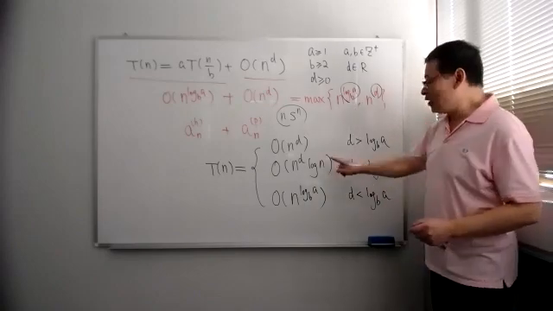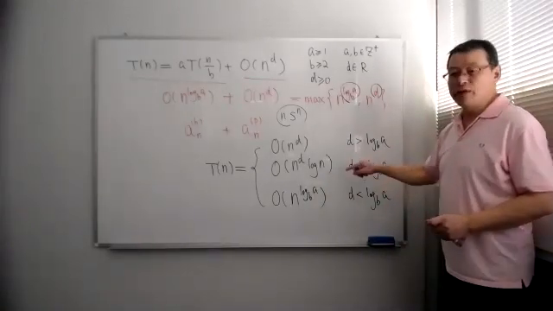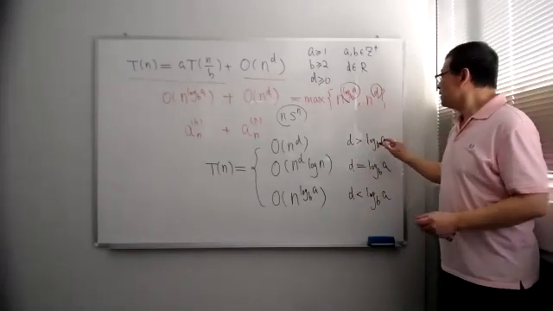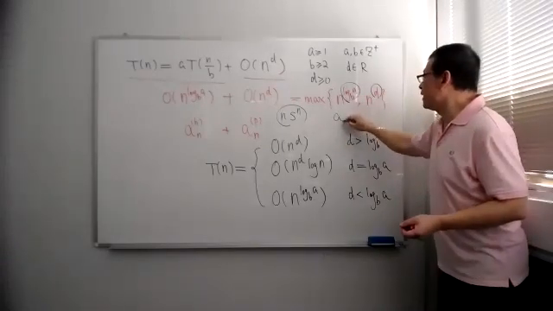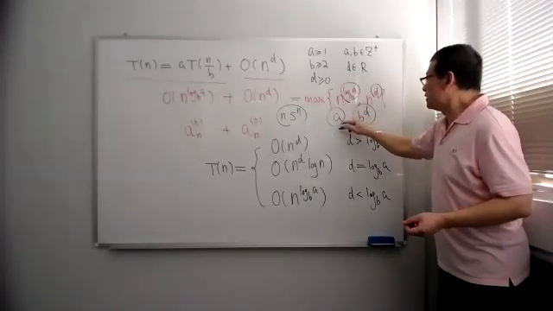So that's the formula, with only three cases. I want you to really remember this. What you compare is these two numbers, log_b a and d, or a and b to the power d.